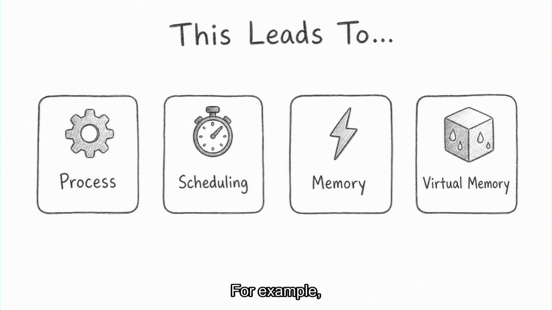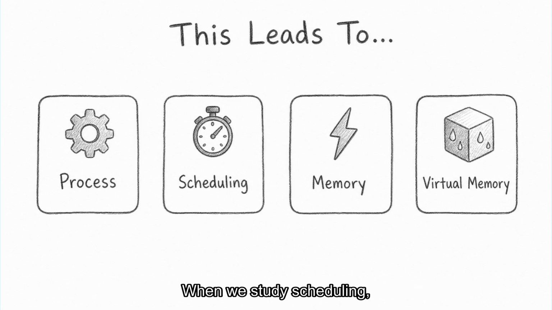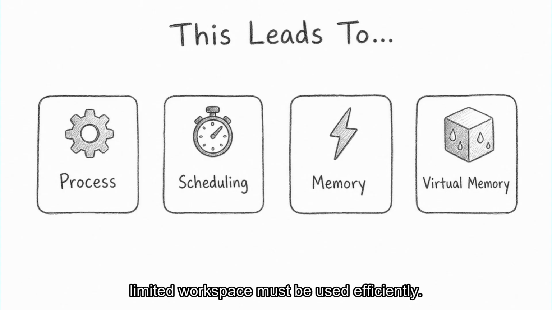For example, when we later study processes, we can understand that the operating system is managing running units of work. When we study scheduling, we can understand that it's about deciding who gets CPU time and in which order. When we study memory, we can understand that limited workspace must be used efficiently. And when we study virtual memory, we can understand that because RAM is limited, the system needs additional structures.